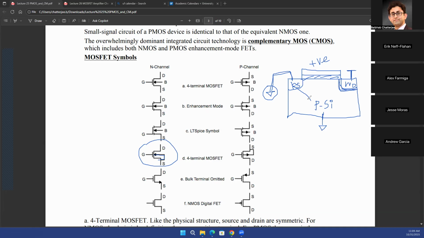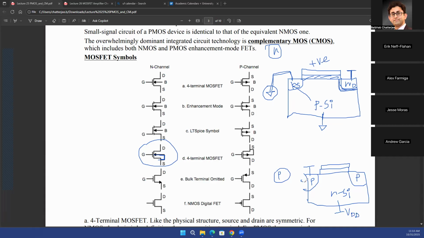And that is the reason why in most cases you see that the source and body are connected. Similarly for the PMOS, so this was for N, because you already know that the PMOS is a dual of NMOS, what would be the connection to the body terminal for a PMOS? Where do you expect the body terminal to be connected? If the source is connected to VDD, this n-type silicon over here also needs to be connected to VDD.